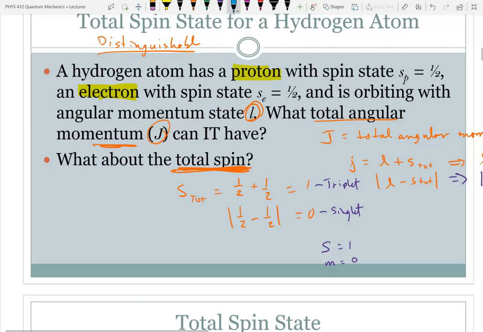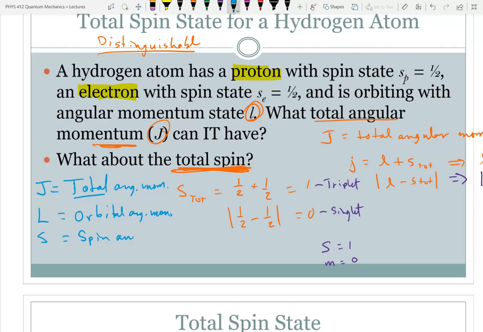J is equal to the total angular momentum. L is equal to the orbital angular momentum. S is equal to the spin angular momentum.